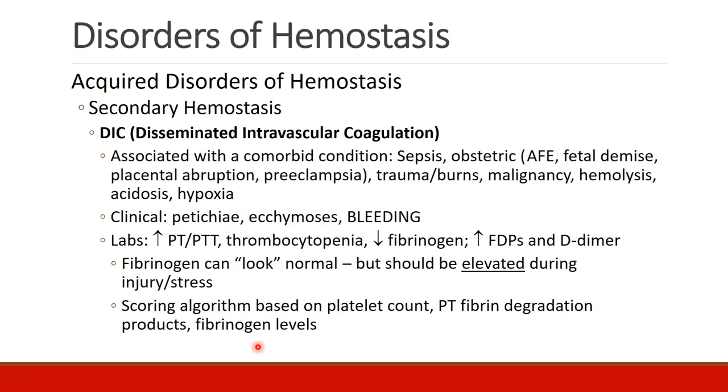In these patients, the fibrinogen can be normal sometimes, but keep in mind that fibrinogen should be elevated during situations of injury or stress. Scoring algorithms exist which help quantify DIC based on platelet count, PT, fibrin degradation products, and fibrinogen levels.